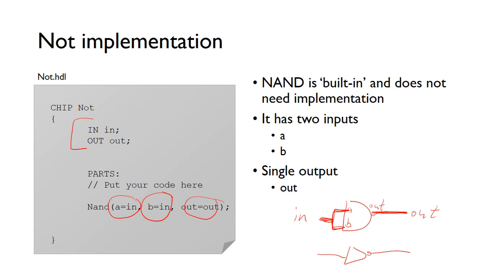NAND is a built-in chip. You don't have to implement the NAND gate. In reality, a NAND gate is built from transistors, but in this course, the NAND is a built-in chip. It's already been implemented for us, and we can just build the other logic gates from NAND gates by specifying the different connections.